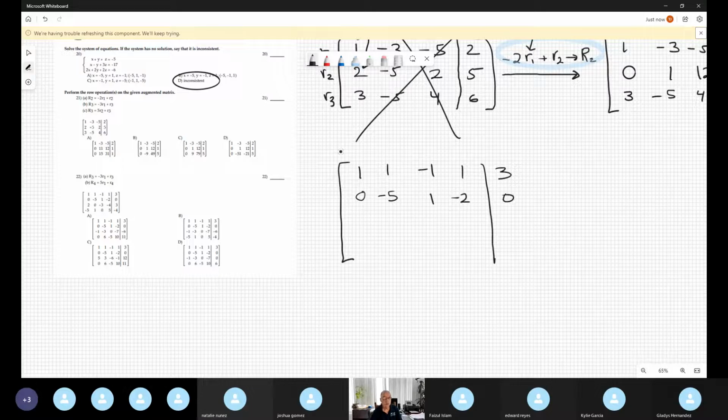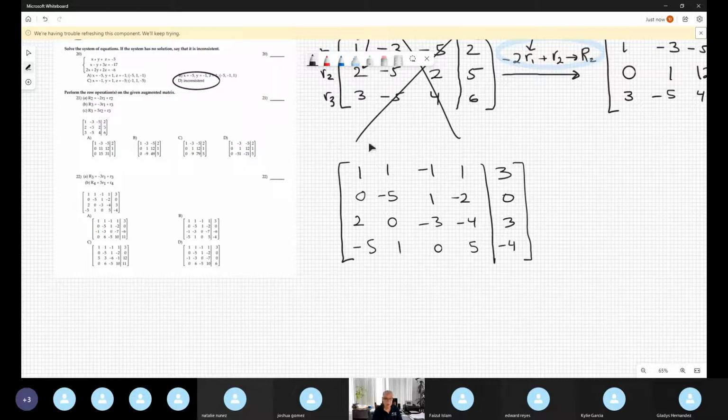Let me check and see if I'm doing well or not. 2, 0, negative 3, negative 4, and 3. Negative 5, 1, 0, 5, negative 4. Be careful if you copy something wrong, your answer is incorrect.